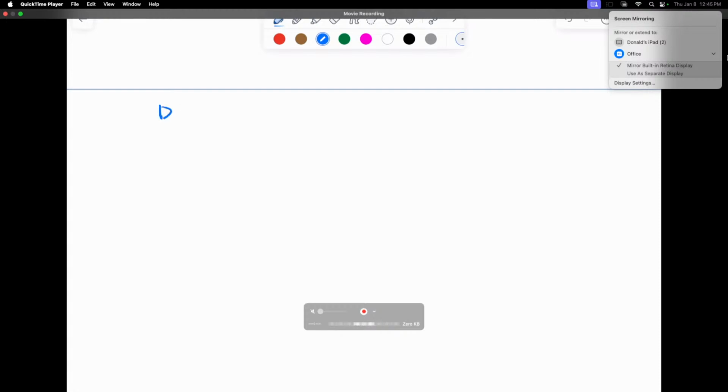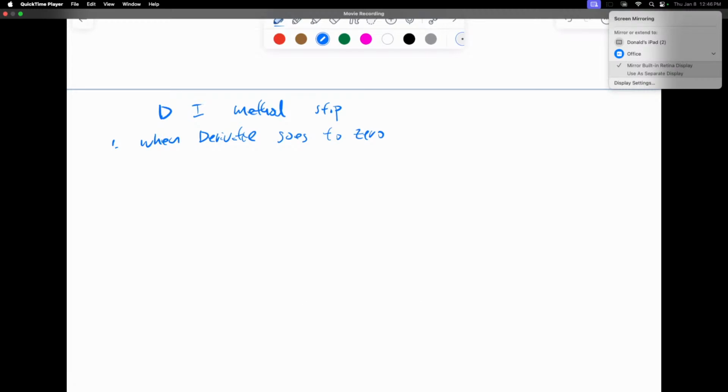I will say DI method, you stop when the first thing is when the derivative goes to 0, or if you have potential to go to 0, you want them to go to 0. You want to see if they have potential to go to 0. You don't want to go horizontal.